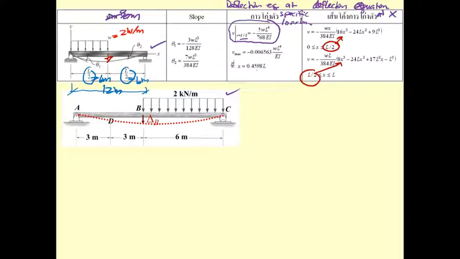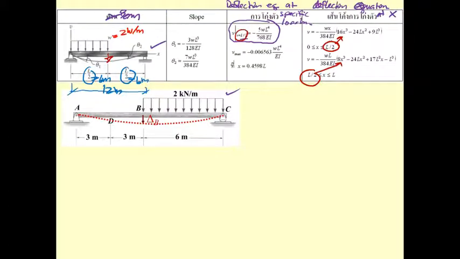And no matter the force on the left and the force on the right, since you determine the deflection at the middle span, you can use this equation directly to determine the deflection at the center of the beam.